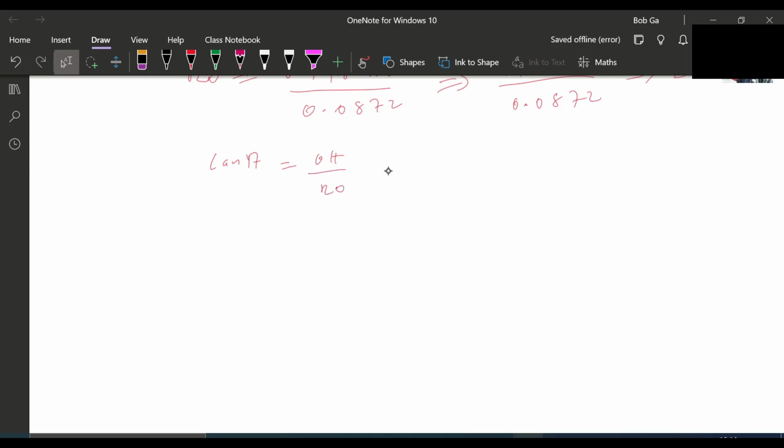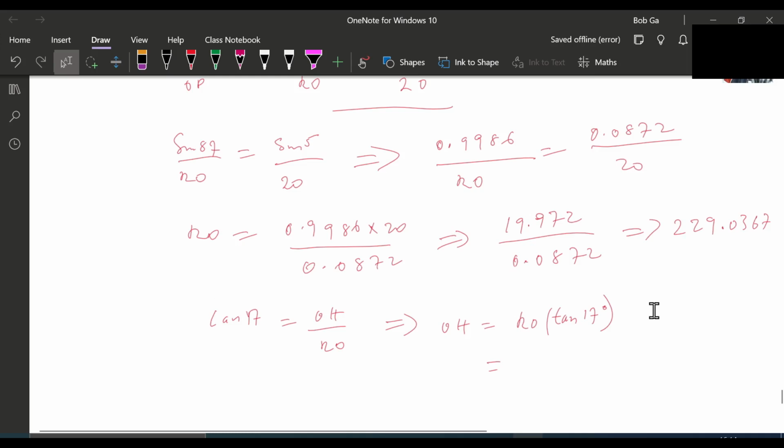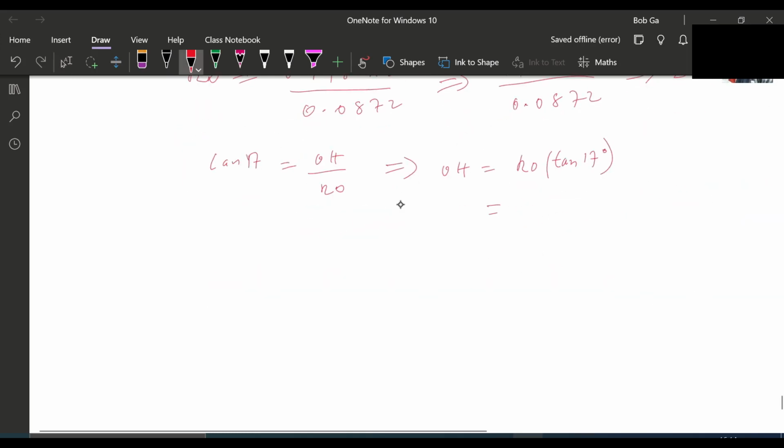We're looking for OH. This means that OH is equal to RO times tan 17 degrees. We got RO to be 229.0367, so 229.0367 times tan 17.